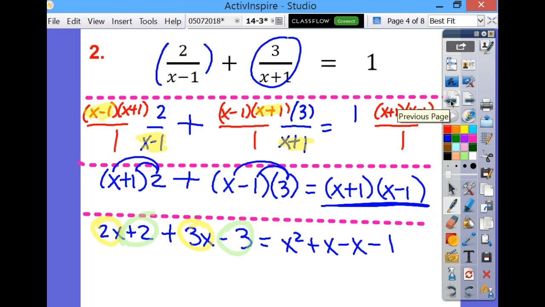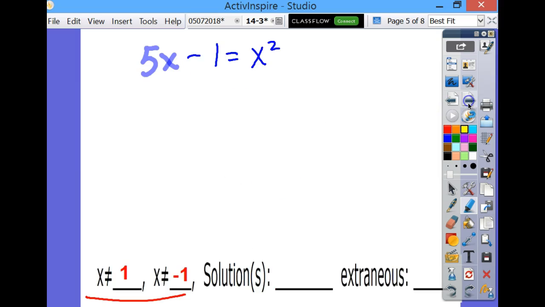And I don't have anything to combine to the x squared. What do I get when I combine those? Those zero out, and then I have a minus 1. This is called a quadratic because the x is squared.